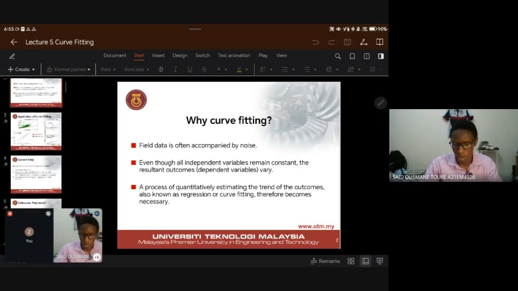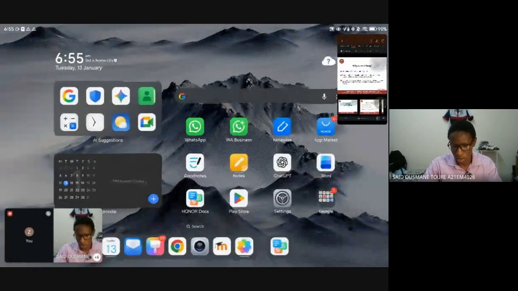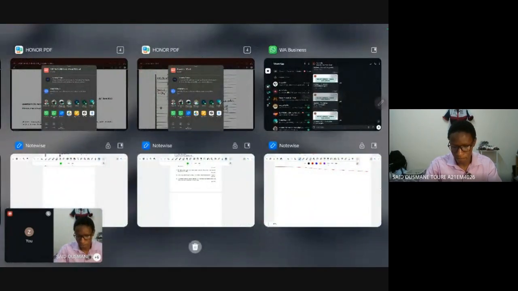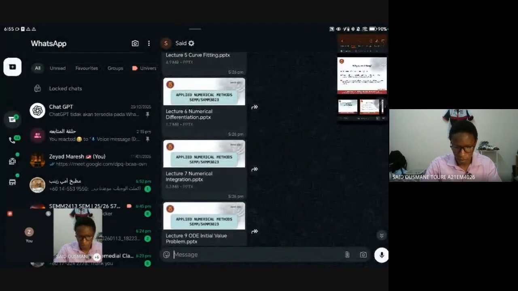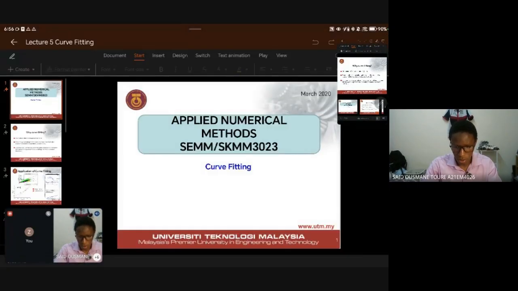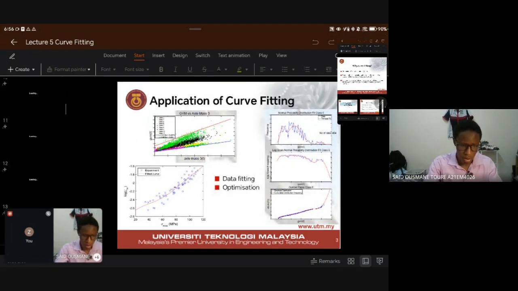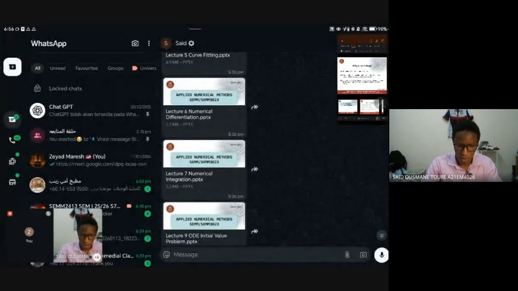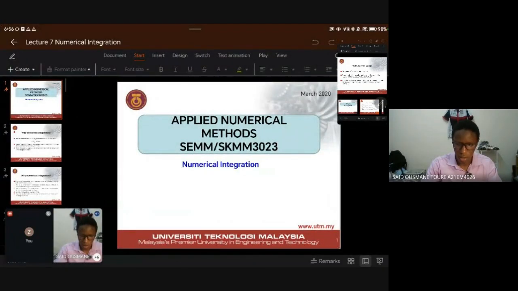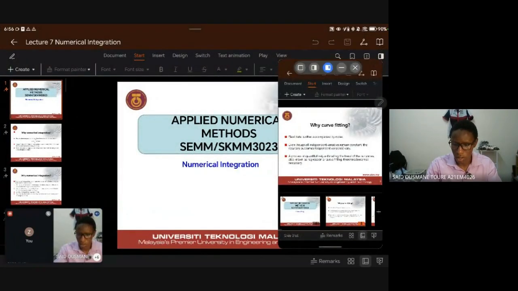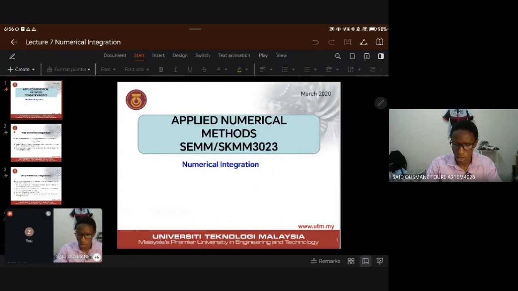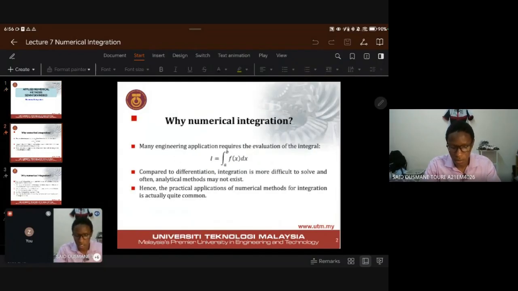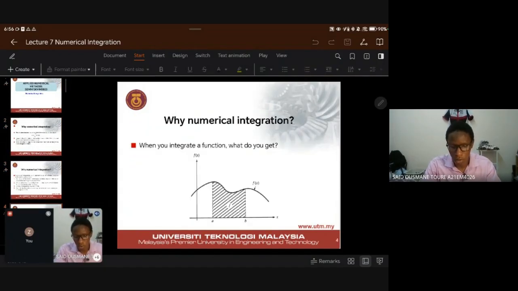Oh, sorry, this is curve fitting also. Yeah, that is numerical integration. Okay. Now that's good. For numerical integration, you have also, I think, three methods.